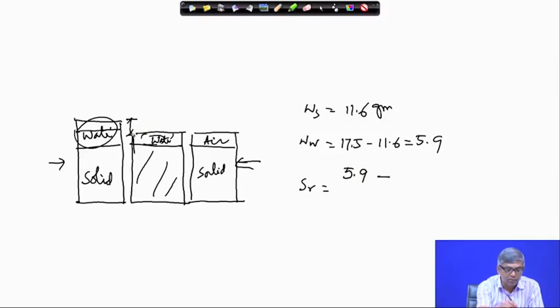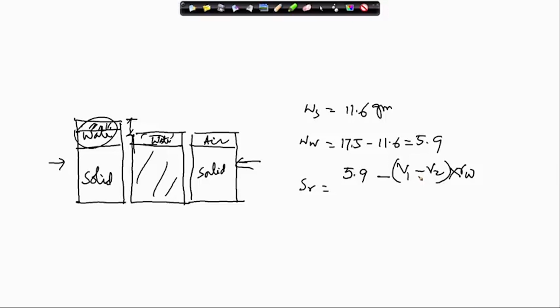You can find out the weight of water of this volume. How to find that? I can find V1 minus V2, that is the volume reduced, and for this much volume, the weight of water is found if I multiply by gamma_w. The two volumes are also given, and V1 minus V2 is actually 4.44.